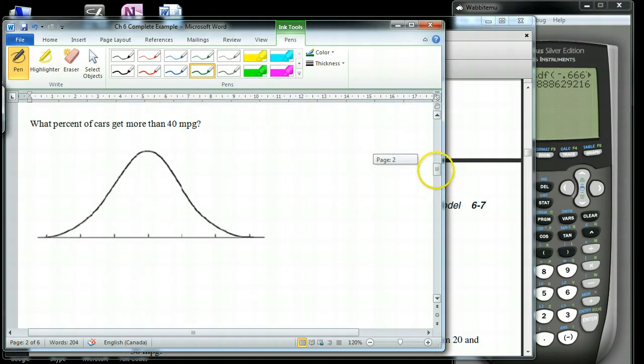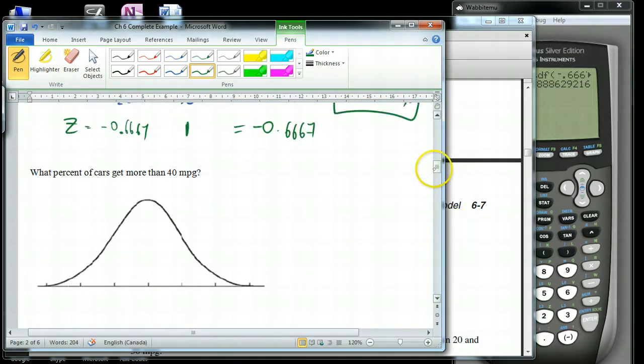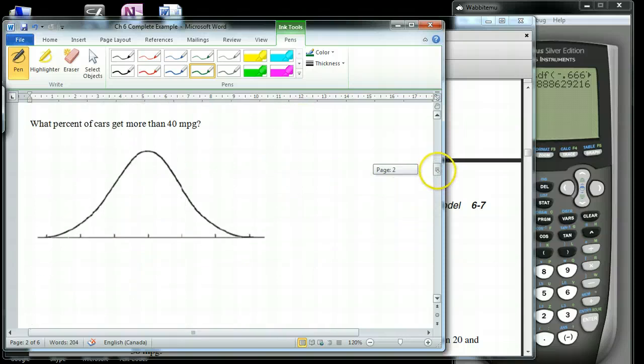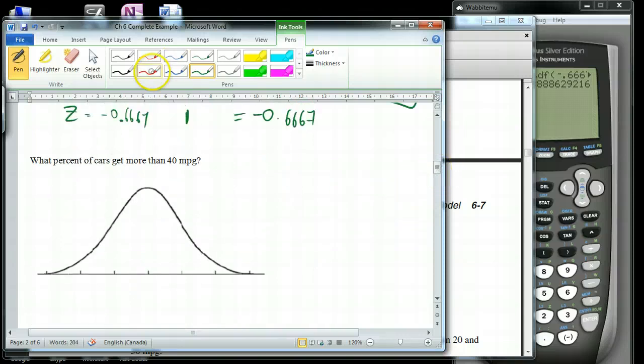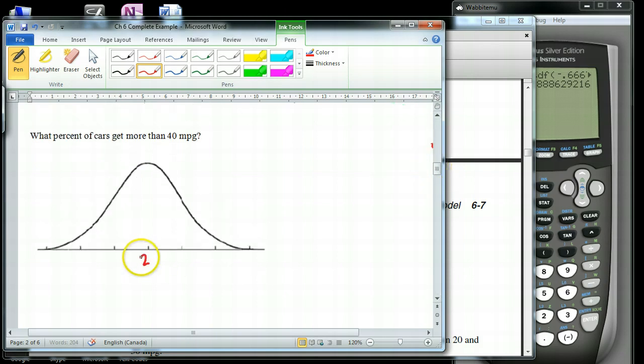All right, let's move on. What percent of cars get more than 40 miles per gallon? Let me move this down a little bit more. So where's 40? Okay, that's 30. That's 36.